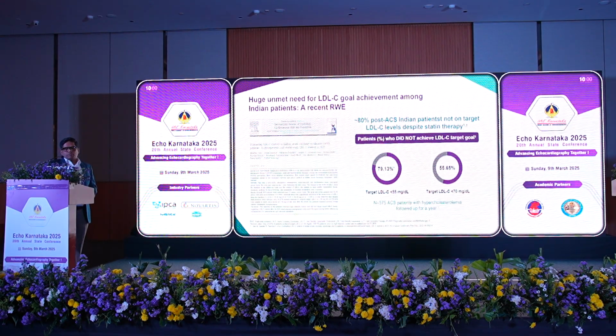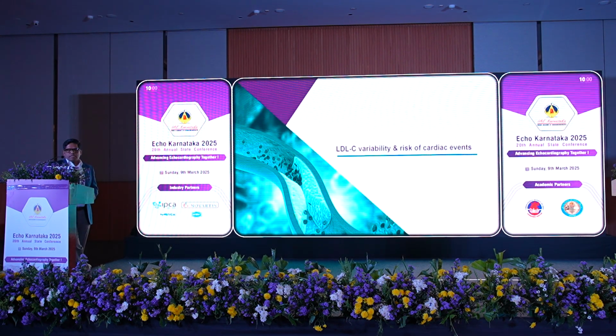Around 80% of post ACS patients do not achieve the target LDL cholesterol levels despite taking statin therapy. Almost 80% of them do not achieve the target LDL of less than 55. And only about 55% of the patients achieve an LDL cholesterol of less than 70 milligrams per deciliter.